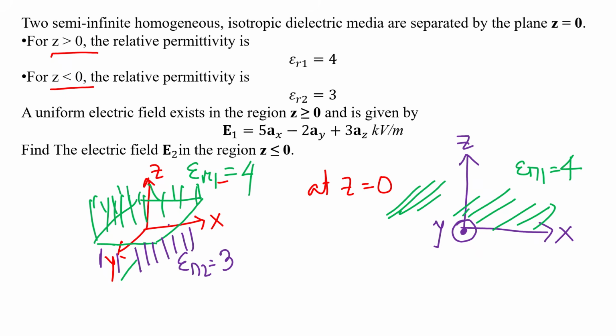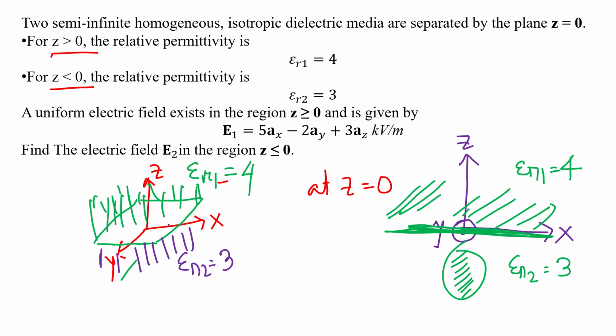And in the z less than 0 region, I have another dielectric medium which has epsilon r2 equals to 3. So basically this is my plane which is differentiating the two different dielectric media.